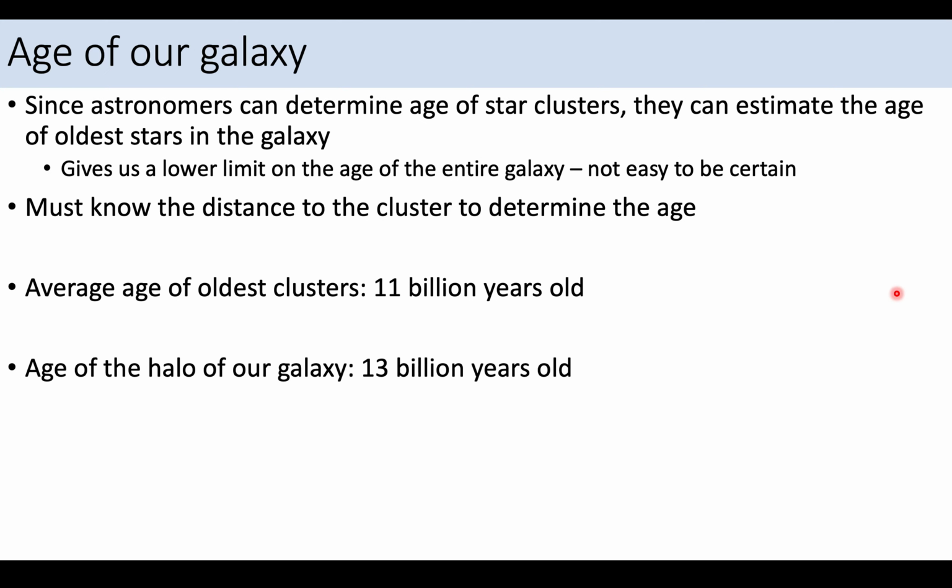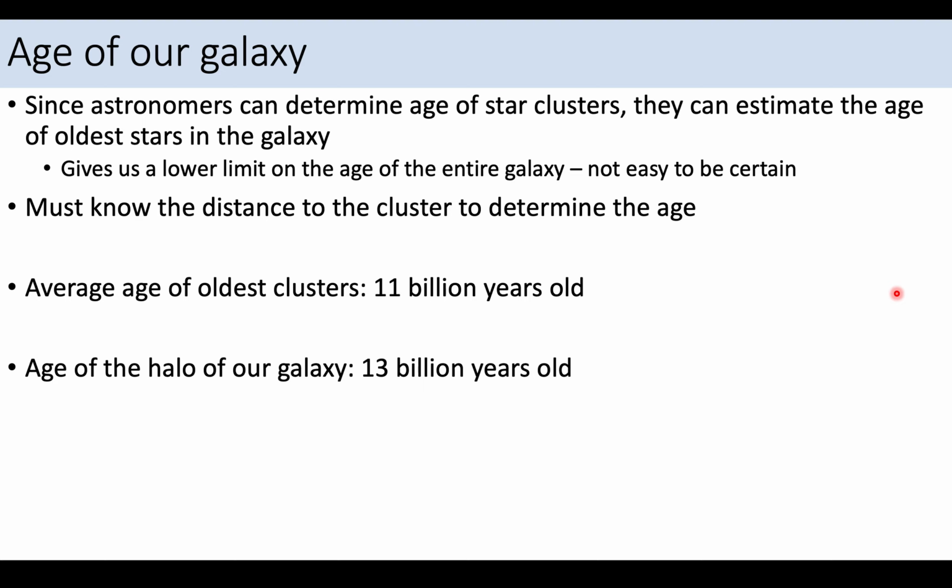So our galaxy is about 13 billion years old. How do we know this? Since we're able to determine relatively confidently the age of star clusters, we can actually estimate the age of the galaxy by looking at the age of the oldest stars in the galaxy. So it sort of gives us a limit on the age of the entire galaxy, but it's not very certain.